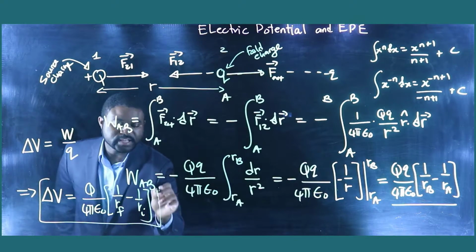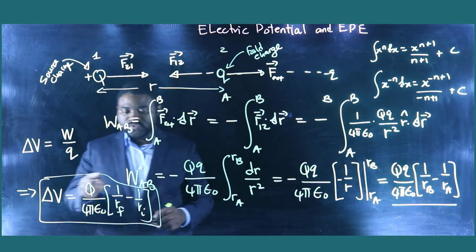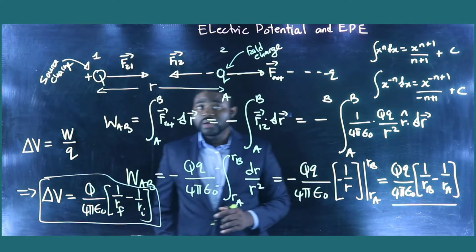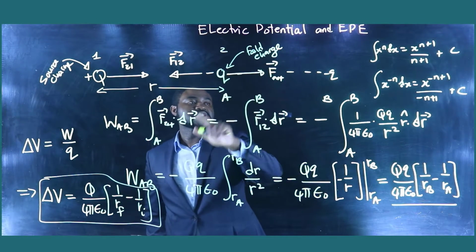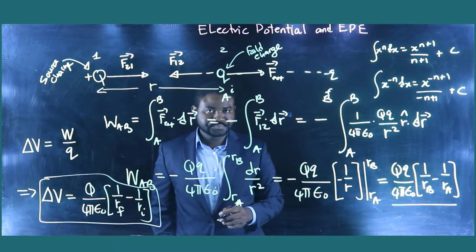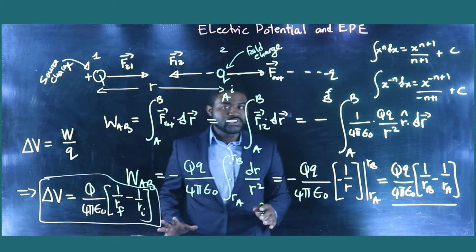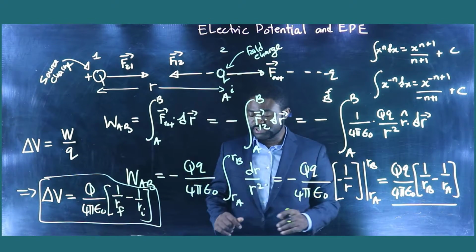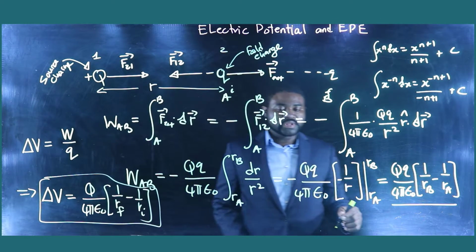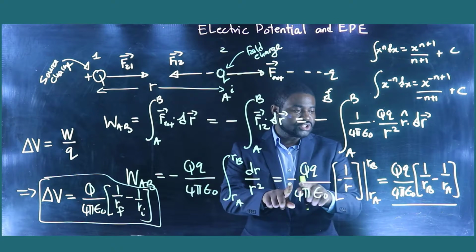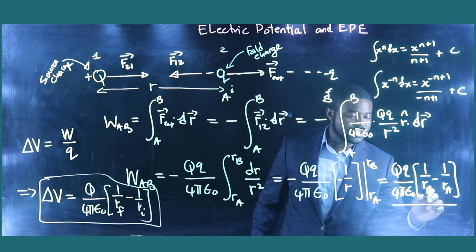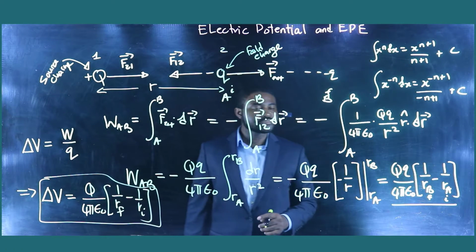So this right here gives us the expression to calculate the electric potential difference between 2 points, the initial point and the final point in an electric field. It is worthwhile for you to really follow this through because this derivation sometimes can be confusing, especially with a negative sign. Remember that these negatives cancel out each other, and that's why you have 1 over Rb minus 1 over Ra. This is the final point and this is the initial point.